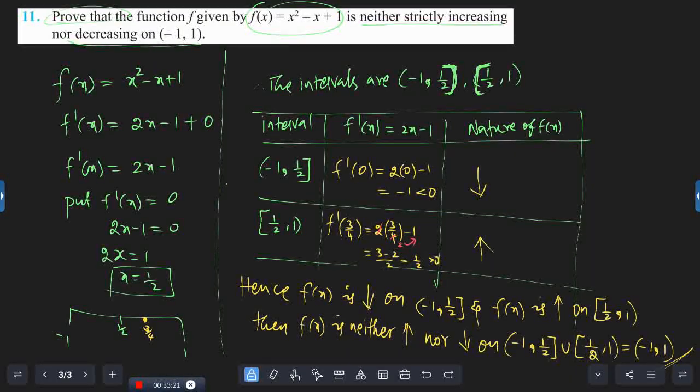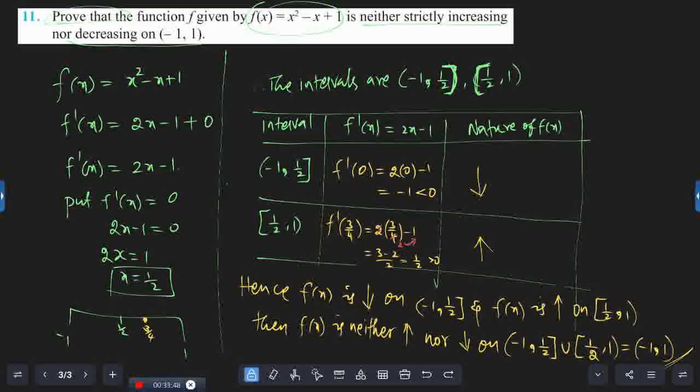Can I go to the next one? Next I should go. Have you completed? Have you done? Boys side completed. Girls side, is anyone writing?